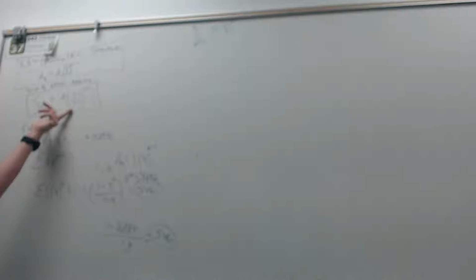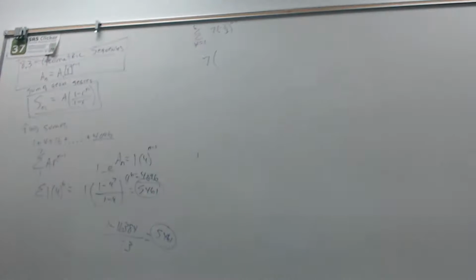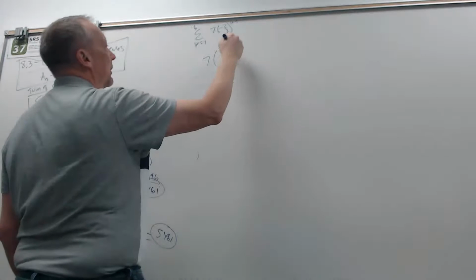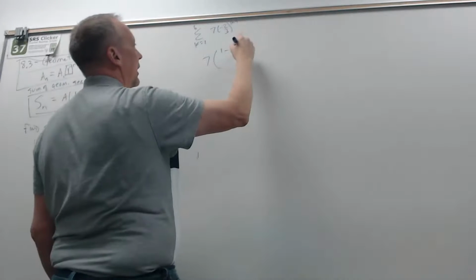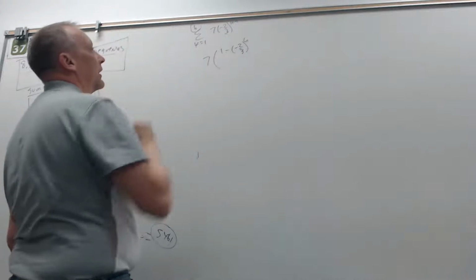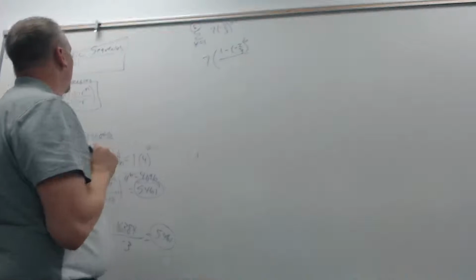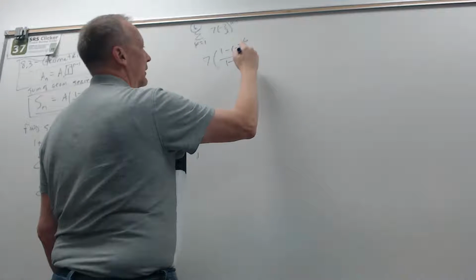So what's the new formula? The sum formula's right here. So what's your first term? 7. First term is going to be 7 times 1 minus r, which is negative 2/3, to the 6th power, over 1 minus negative 2/3.